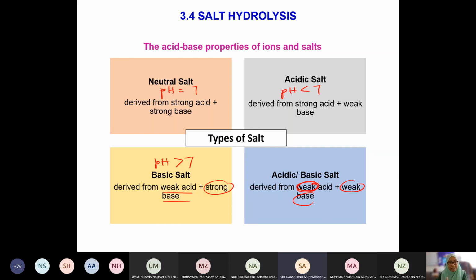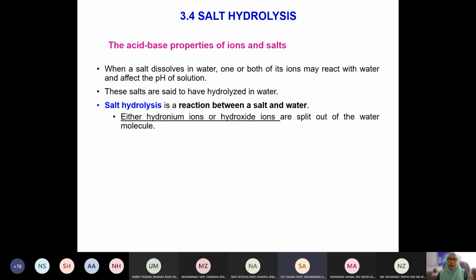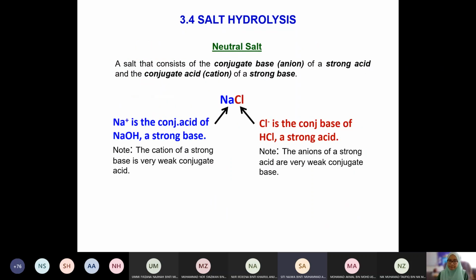If the Kb of the weak base is larger than the Ka of the weak acid, it will produce a basic salt. If the Ka of the weak acid is larger than the Kb of the weak base, the salt will be acidic. So the pH can be less than 7 or more than 7.